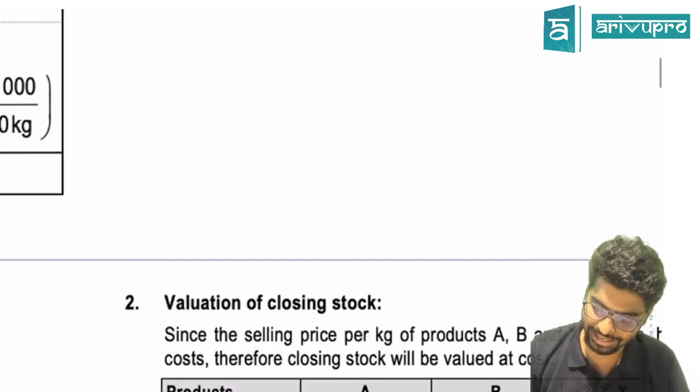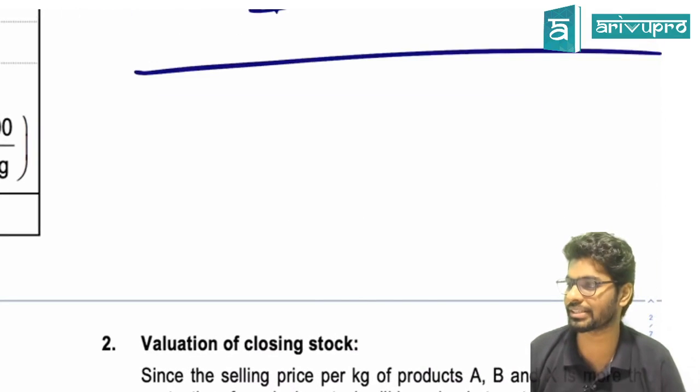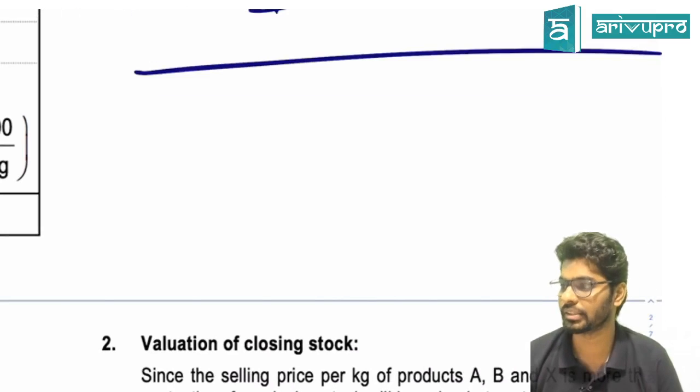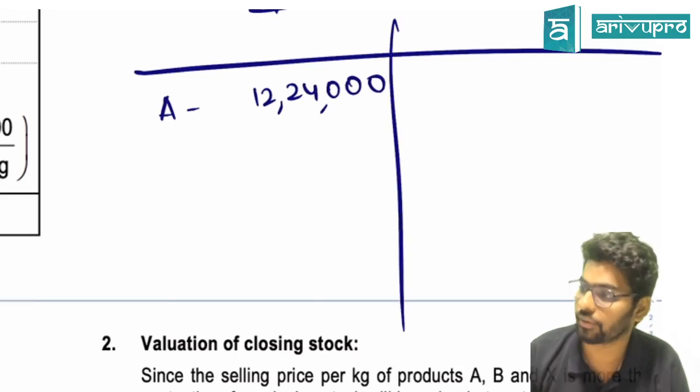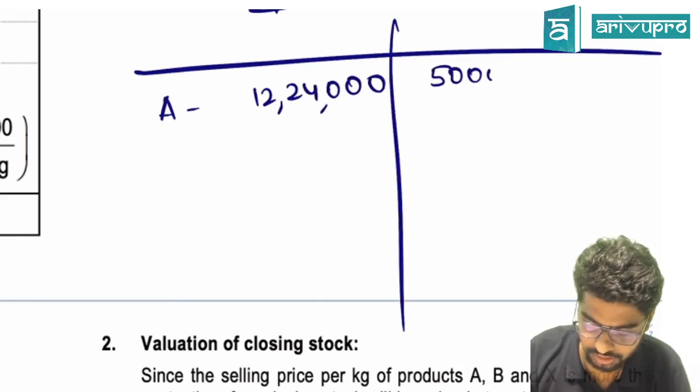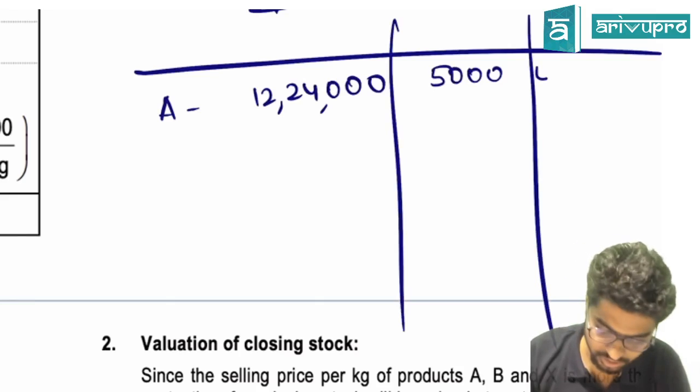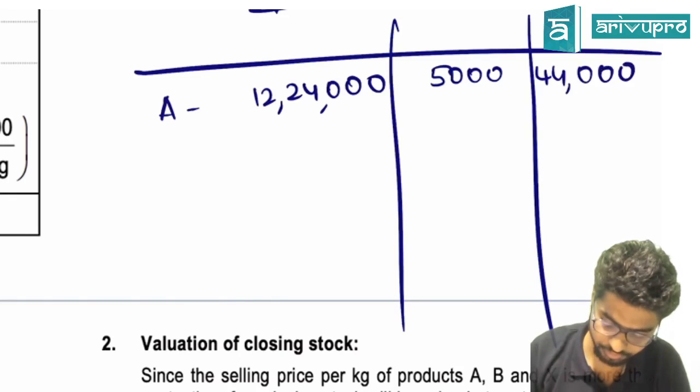See here, I will take the sales value. What is the sales value given in the question? See here, A 12 lakh 24,000, B 5,000 and X 44,000.